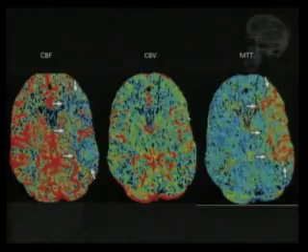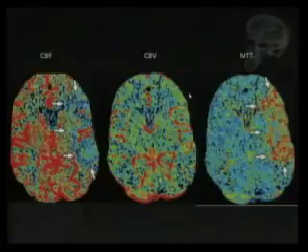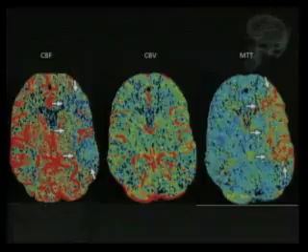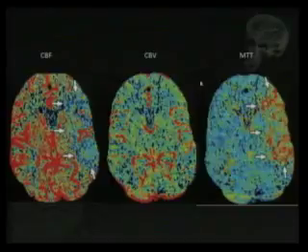If it's preserved, or if the core infarct is less than 100 cc's, then we take the patient to the angio suite, regardless of if it is 8 hours or 10 hours, if it's still preserved, then we can still save it. If the blood volume is decreased and it matches the flow and the transit time, then that tissue is dead and we don't take the patient to the angio suite.